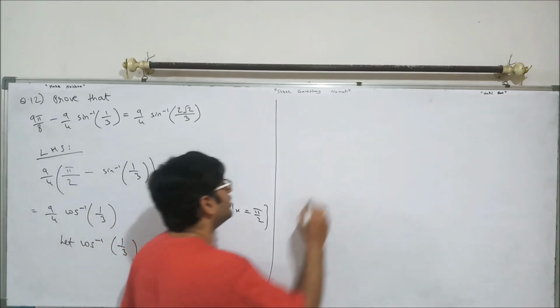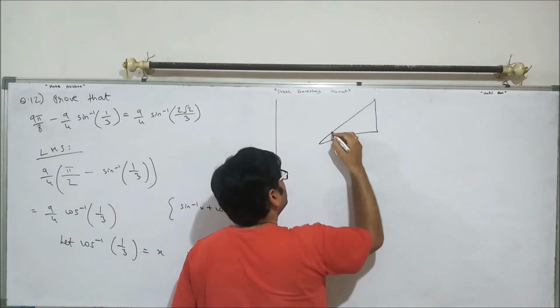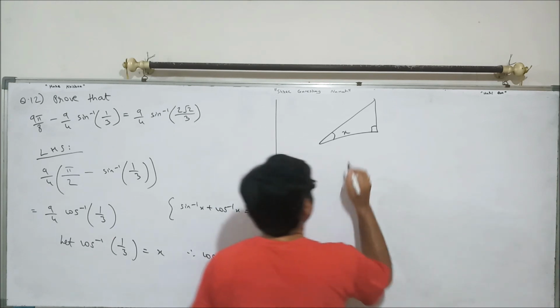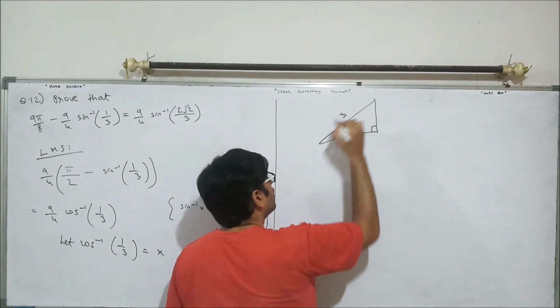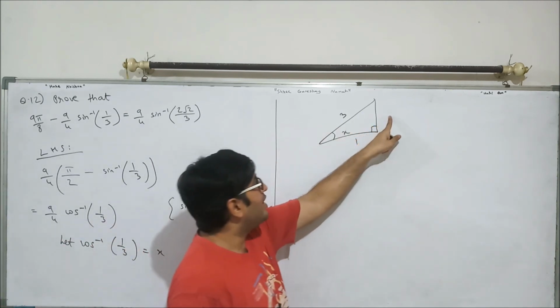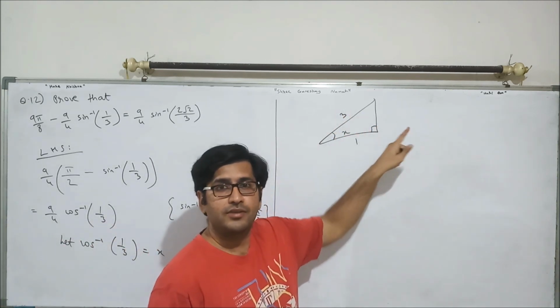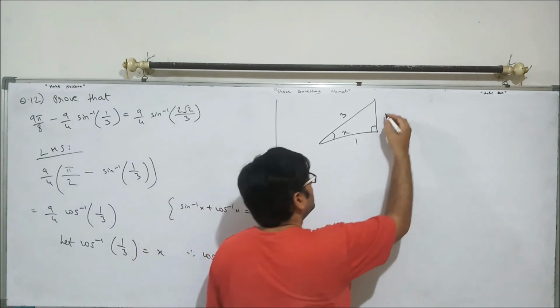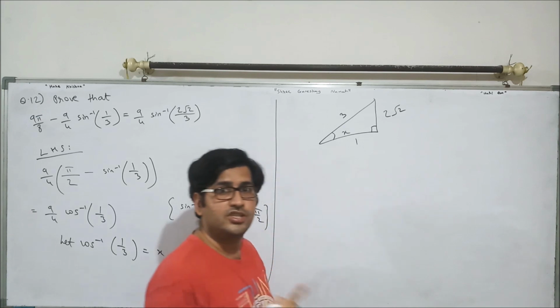Now let's go for the samosa. If you make a triangle with a 90 degree, cos theta is adjacent upon hypotenuse. So adjacent is 1, hypotenuse is 3. By Pythagoras theorem we get this side as square root of 3 square minus 1 square, so square root of 9 minus 1, which is root of 8, which is 2 root 2.